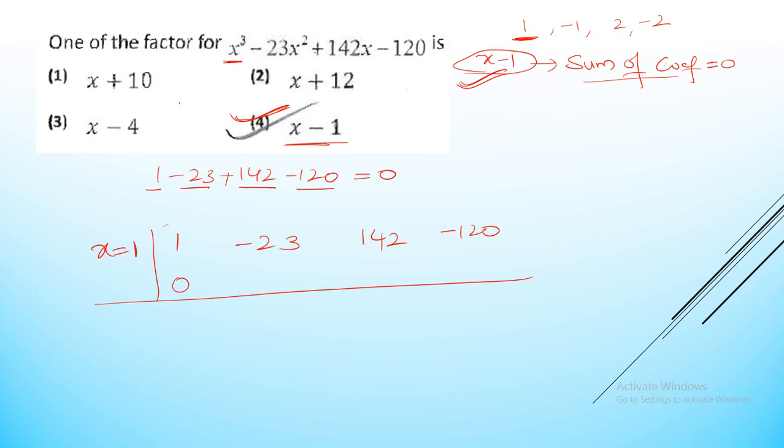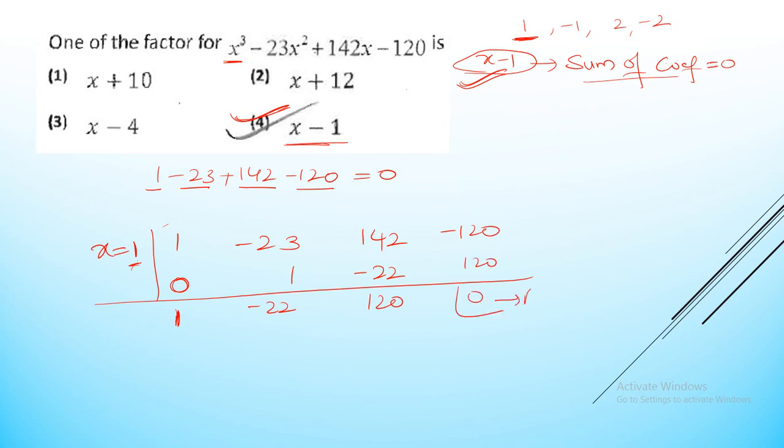Taking 0 below the leading coefficient, on adding I get 1. Whatever value you get, multiply with this 1. So 1 into 1, 1. Minus 23 plus 1, minus 22. Minus 22 ones are minus 22, so this gives me 120. Again 120 ones are 120.